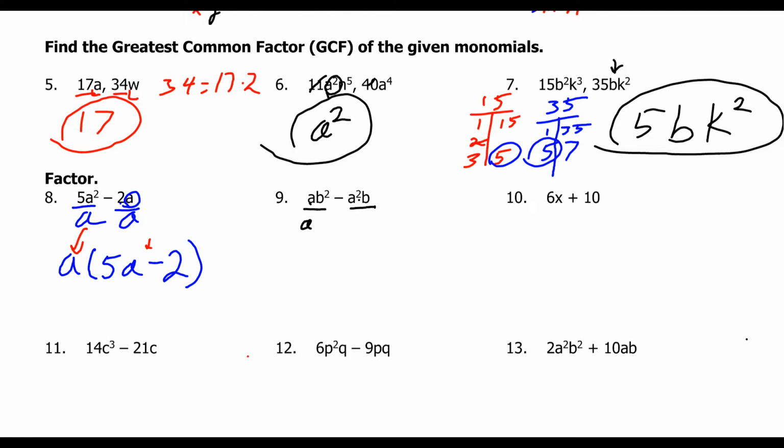They both have a b, so we can pull out a b as well. So ab, we're going to divide each piece by ab. Now we put an ab on the outside, and then ab into ab squared is going to be b, and then a squared b is going to wind up with a, and that's it.